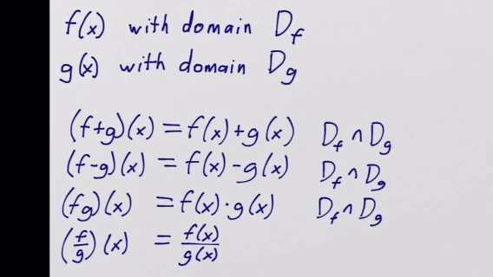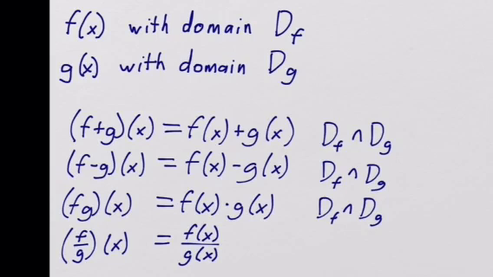So intersection means that for something to be in there, it has to be in both of the sets. So here it has to be in the domain of f and the domain of g. In other words, we're saying in order to add two things together, they both have to be defined, which makes sense.